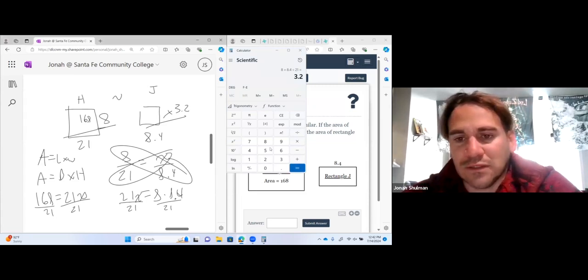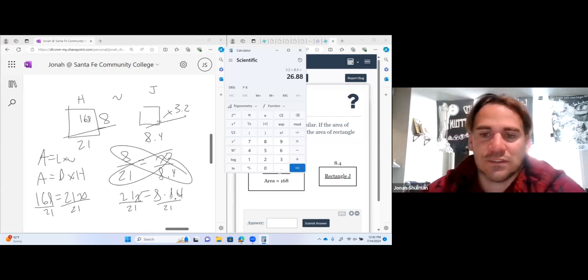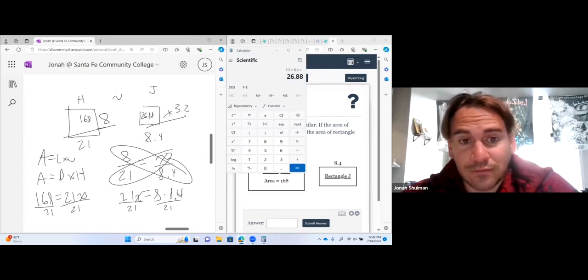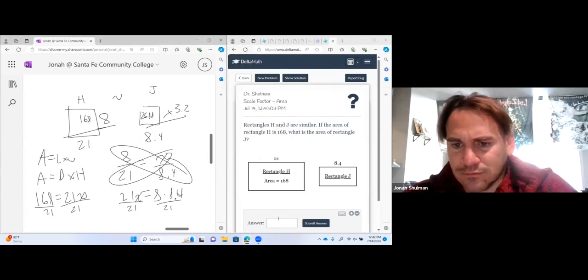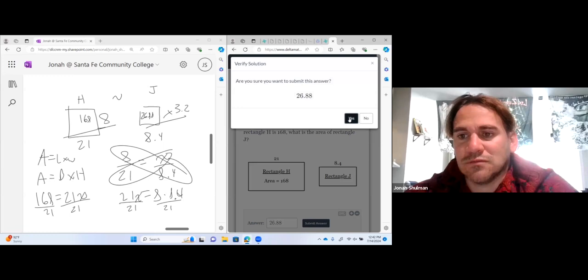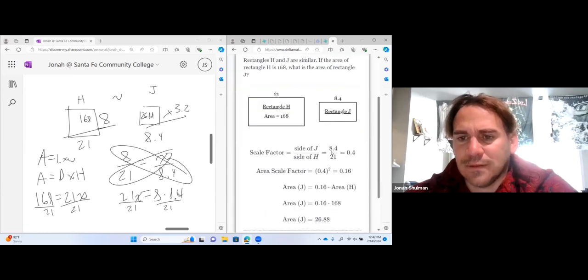So all we have to do to get the area is multiply them. 3.2 times 8.4 is 26.88. Now, if you do it the other way, you should get the same thing. If you want to skip that step, that's fine. But I like doing all the steps for these. I think they're really easy to see.